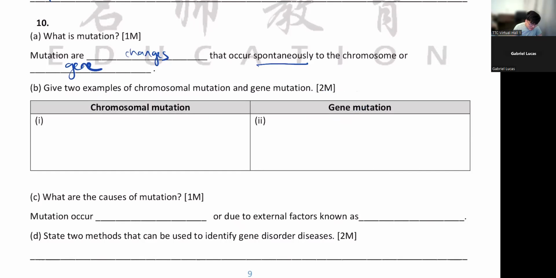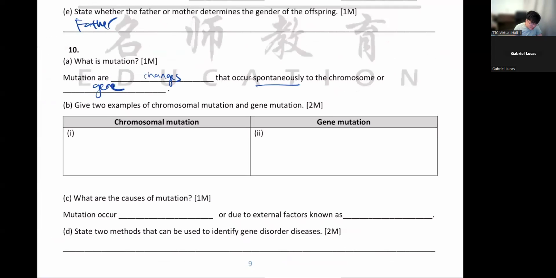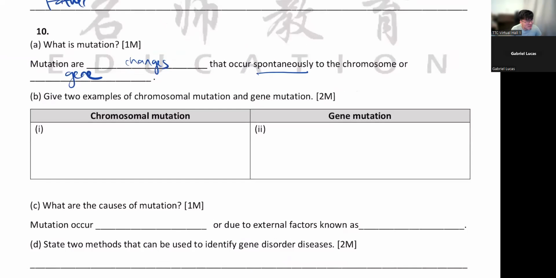So what are the examples here? Anyone can give me an example? What are chromosomal mutations? There's three actually, and they are very serious mutations. And what are they? Anyone can answer me?